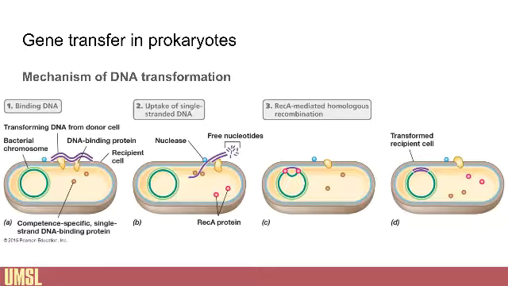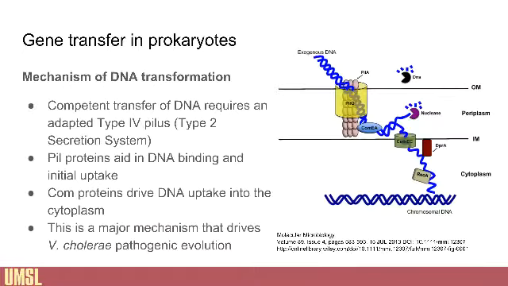But regardless, this is a very old trait in the bacterial world, taking up DNA and incorporating it into your genome. And the mechanism that I gave you that's very common in gram-negative bacteria that engage in competent transformation is this modified type 2 secretion system. Many of the components of this are really similar to the type 4 pili that we talked about, that retractile pili.